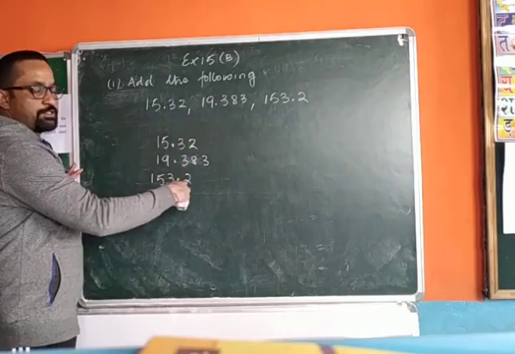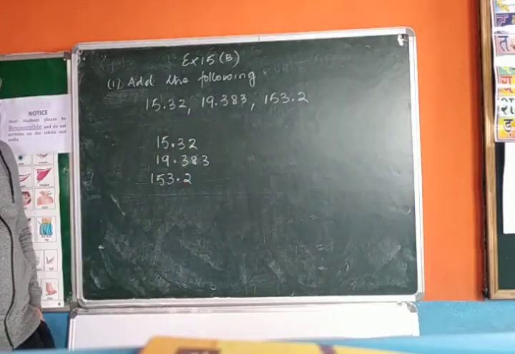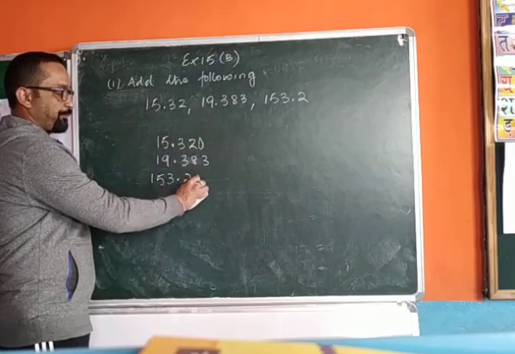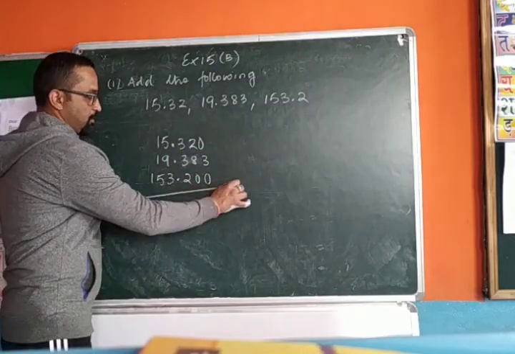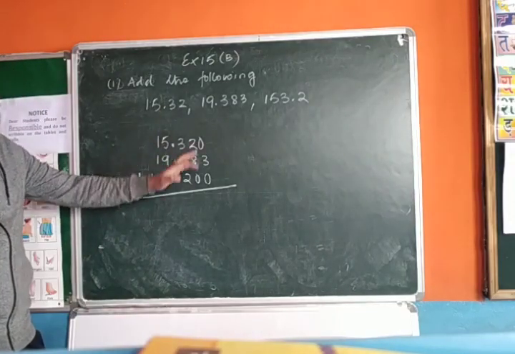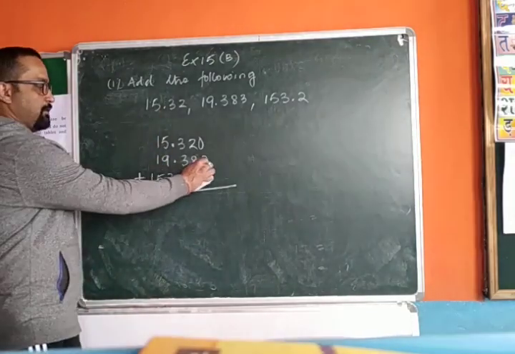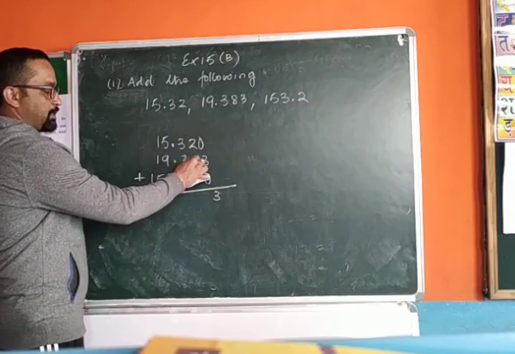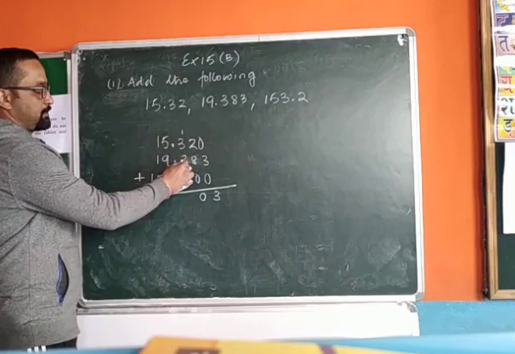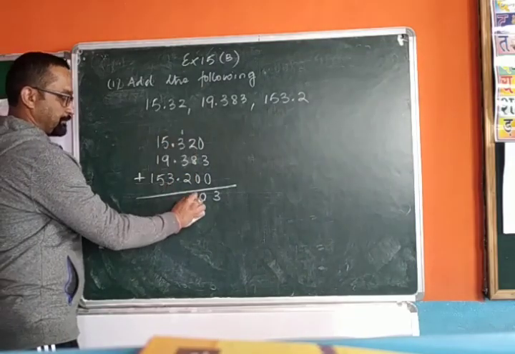You need to change it into like decimal fractions. You have 3 places, 2 places, put 0, 2 zeros. Then add it up. You have to convert it to like decimal fractions. 3, 8, 9, 10, 1, 6, 7, 8, 9.